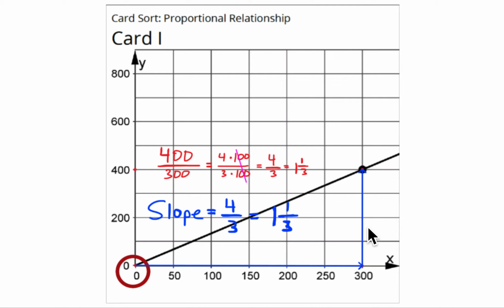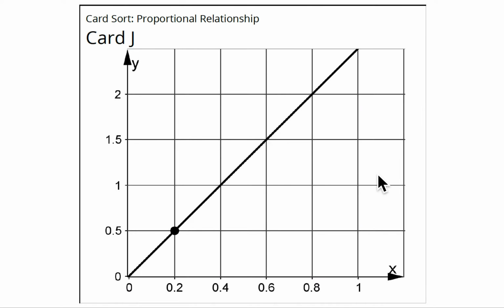So the number of units along the y-axis is 4/3 the number of units along the x-axis. So 4/3 times 300 equals 400. 4/3 times 300. 300 divided by 3 is 100. 4 times 100 then is 400. Got to keep thinking about it. Keep trying to do it.